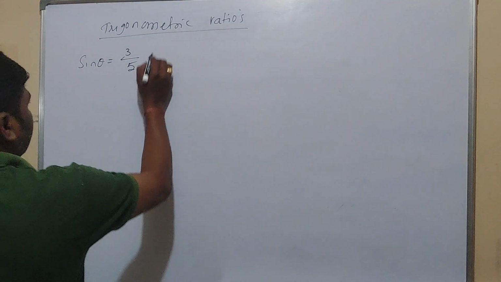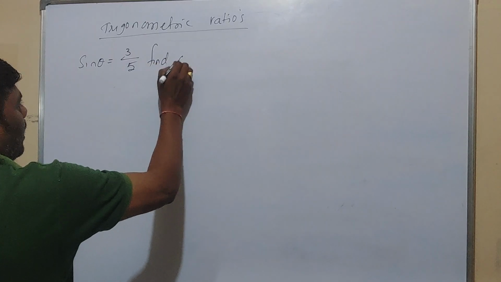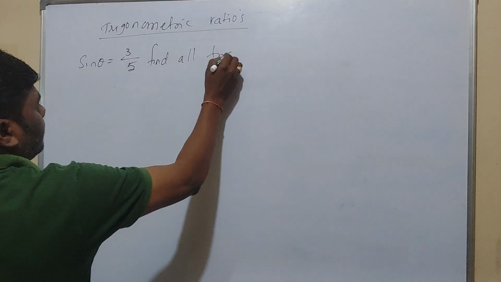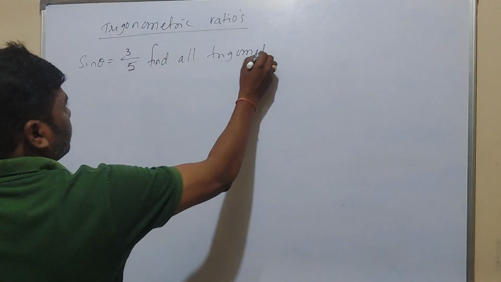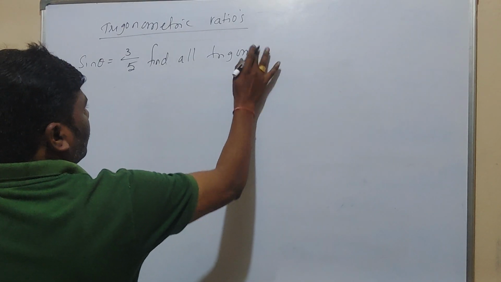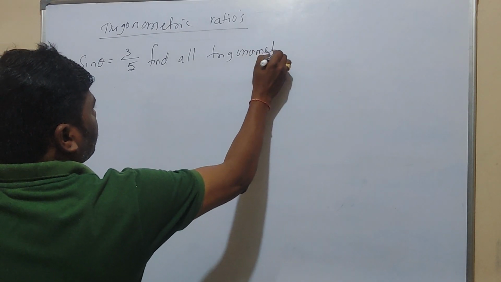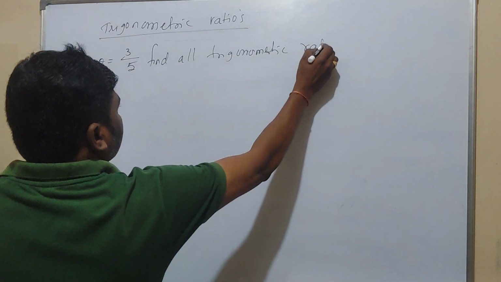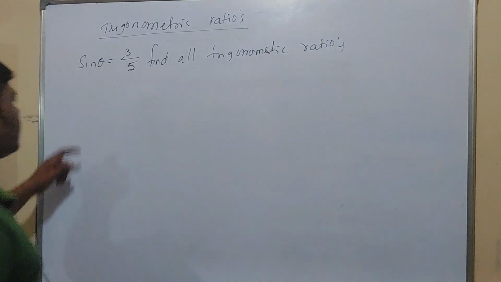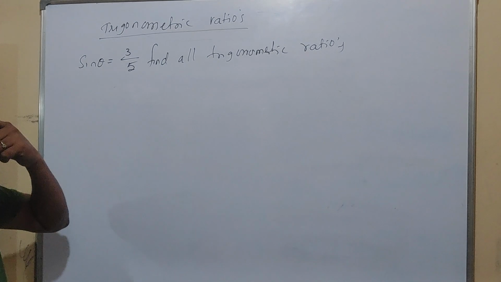Find all trigonometric ratios. Like this, the given question is sin theta equals 3 by 5.